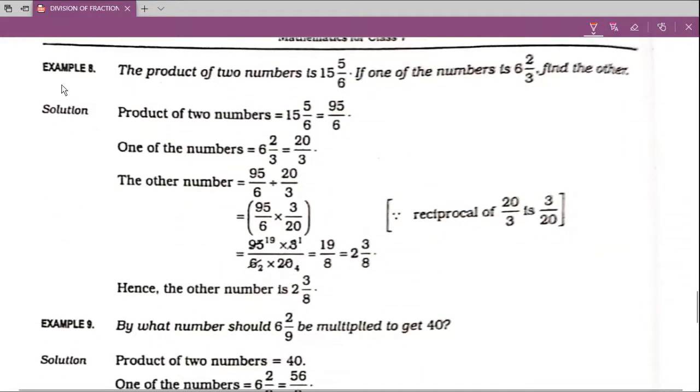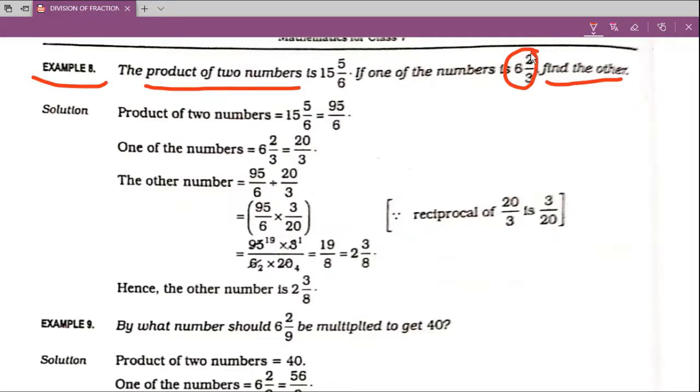In example number 8, the product of two numbers is 15 whole 5 by 6. If one of the numbers is 6 whole 2 by 3, find the other. The product is given and one number is also given.